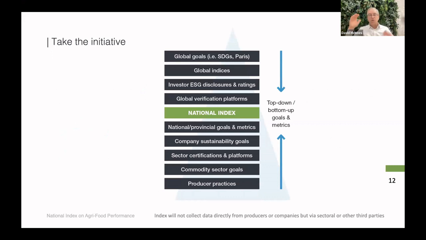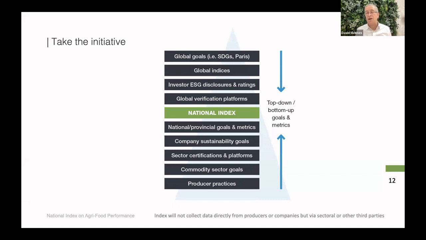So when you boil that quickly down, there's a huge amount of top-down pressure, if you will, from the global marketplace, global dialogues, and the capital markets on improving disclosures and transparency on climate and environmental sustainability. And then from the bottom up, there's a tremendous amount of activity amongst producers.